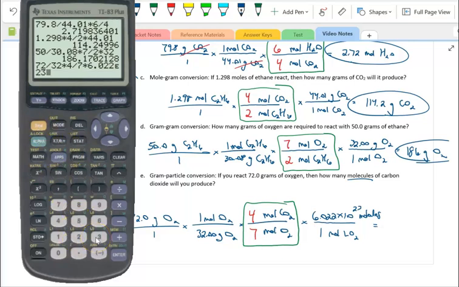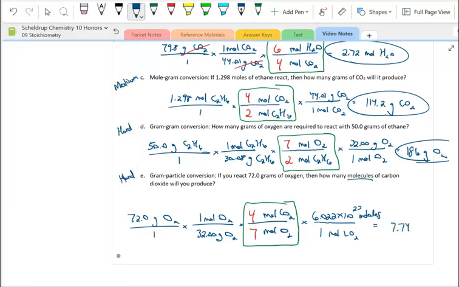I like to use the scientific notation built into my calculator. I get this number. I'm going to round it to the same 3 sig figs that I started with in my given. So I'm going to have 7.74 times 10 to the 23rd molecules of CO2.